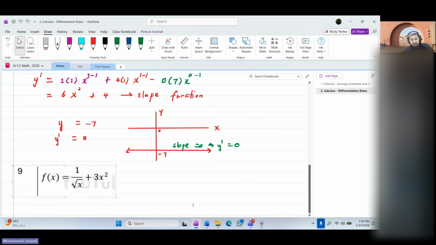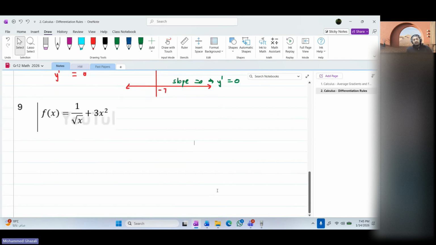Right, question 9. See how question 9 is written. We have f of x is equal to 1 over root x plus 3x squared. Now we can't differentiate this because the first term is in radical form, or surd form. So we need to rewrite this in power form. So we say f of x is equal to 1 over, inside of outside, there's a 1 here, there's an imaginary 2 there. We just don't write it.